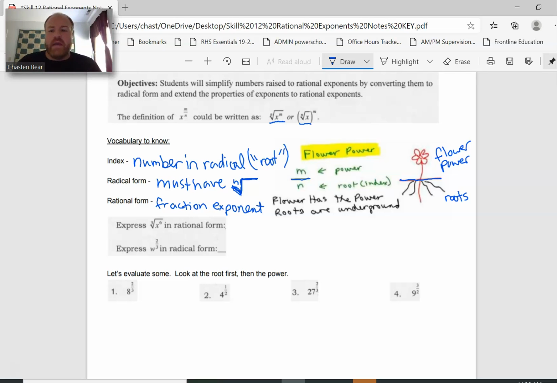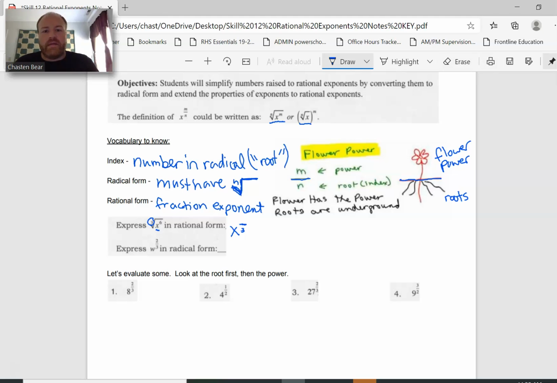So if I wanted to write the cube root of x to the 6th in rational form, I'd start with my variable x and make a fractional exponent. My root, remember, the root is the denominator, and that's your index. In this case, that would be the 3.